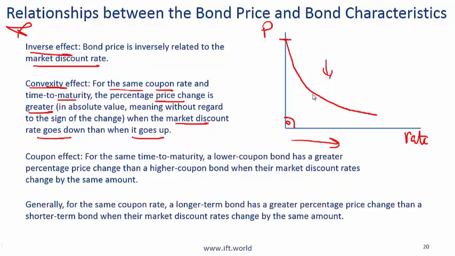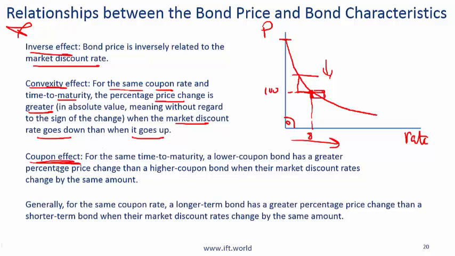Let's say that you are at this point, and let's say at this point the rate is 8% and the price is 100. If the rate goes up by 1% from 8 to 9, then the drop in price is this much. On the other hand, if the rate goes down by the same amount, then the increase in price is more. So this is the convexity effect.